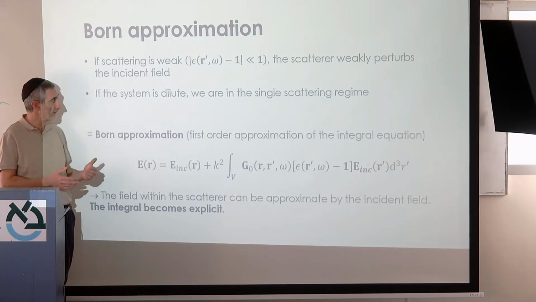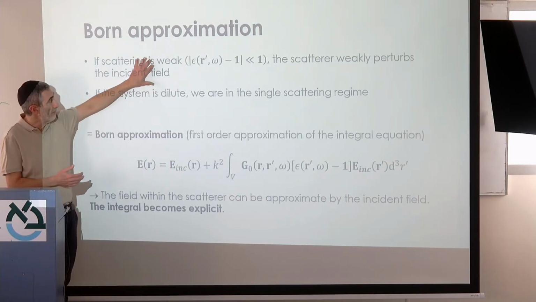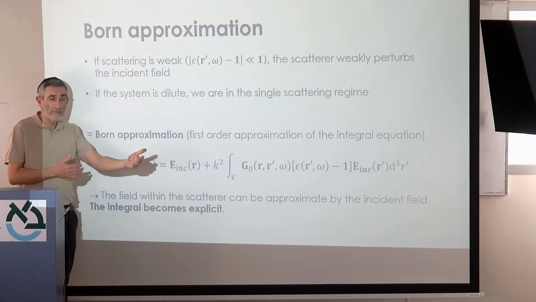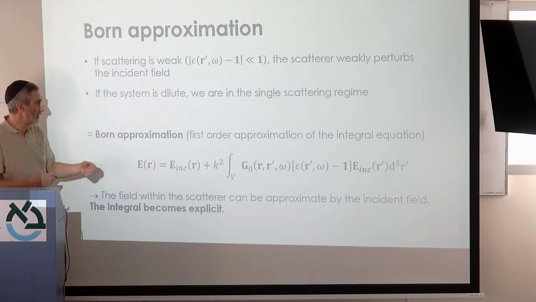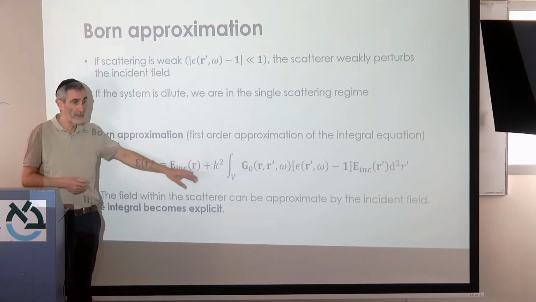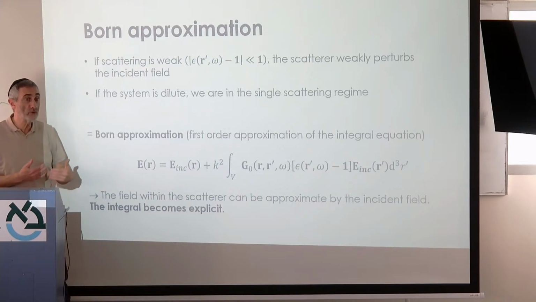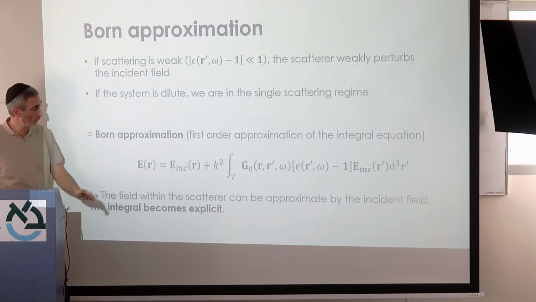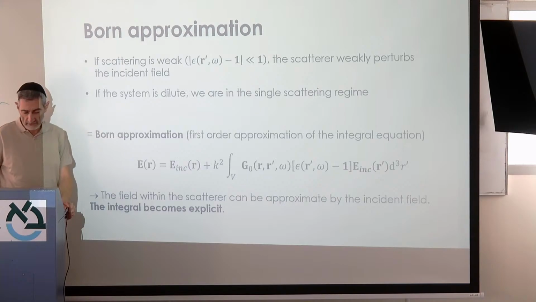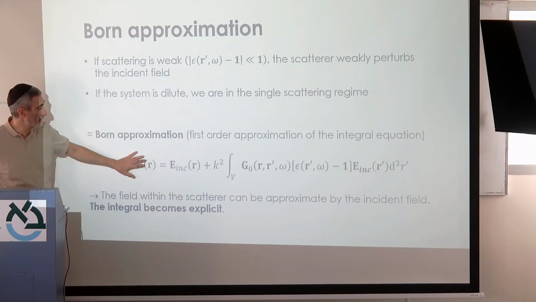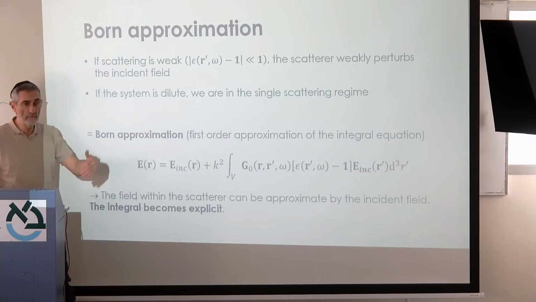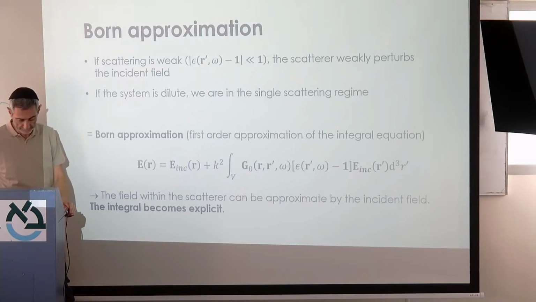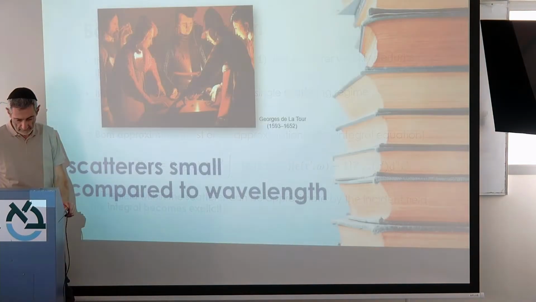You can say I'm scattered once by a weak scatterer, then a second time by a weak scatterer, and you can iterate the process and use this equation to describe the multiple scattering of light in the Born approximation. This is just the first order, and then you can go beyond that and go through the full expansion.